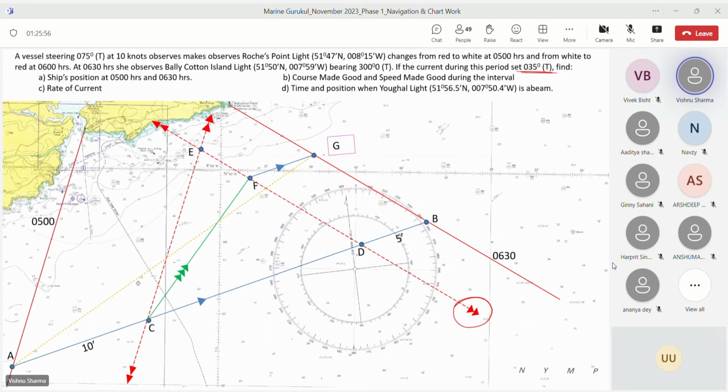And where this AG line cuts the current line, the current line being the green one, we call that point H. So this is point H. If you got up to G, now figure out from G, how did we get H? We joined A to G, and where it cut the green segment of the current, that point is taken as H.